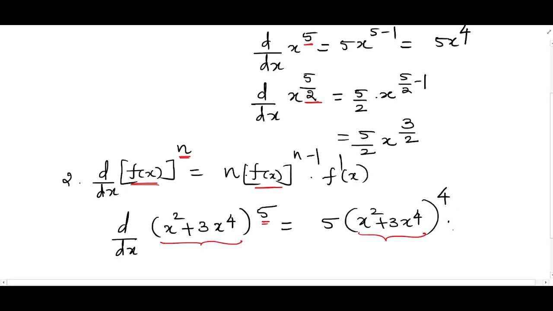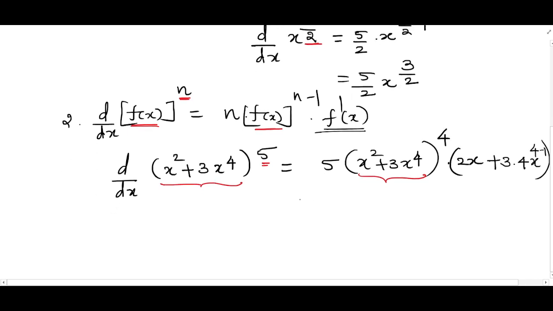Its derivative is, derivative of x square is 2x as per the first formula, 2 into x raised to 2 minus 1, plus derivative of 3x raised to 4. 3 is a constant, x to the power 4, its formula is 4x to the power 4 minus 1. So this is f dash of x. So just we'll simplify this.